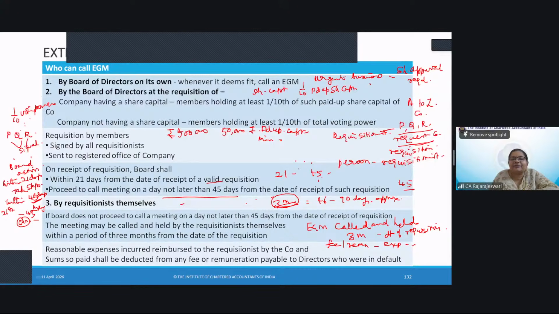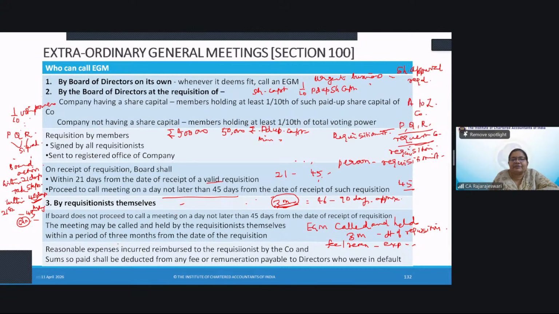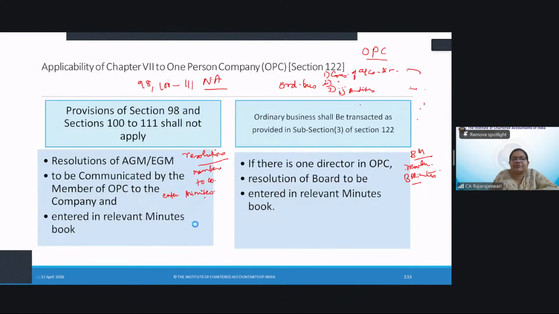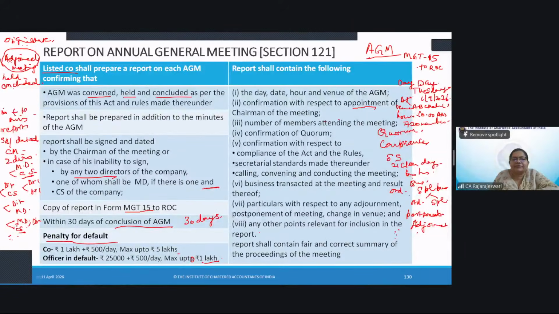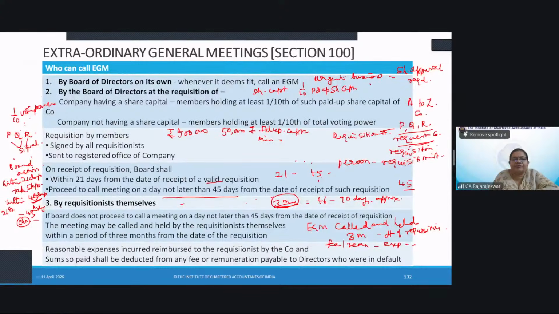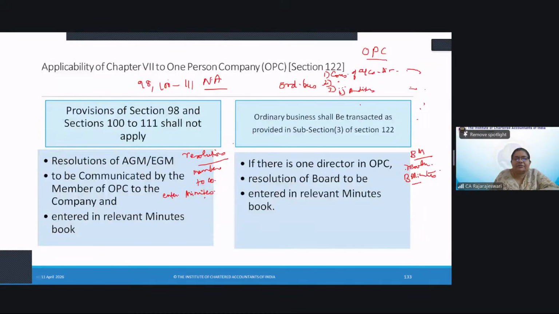See, section 100. See, company having, when to call a meeting and requisitions themselves can call. So the three, somewhere we saw, right.